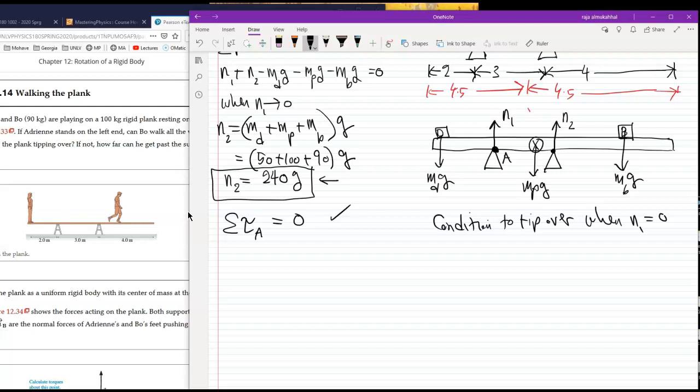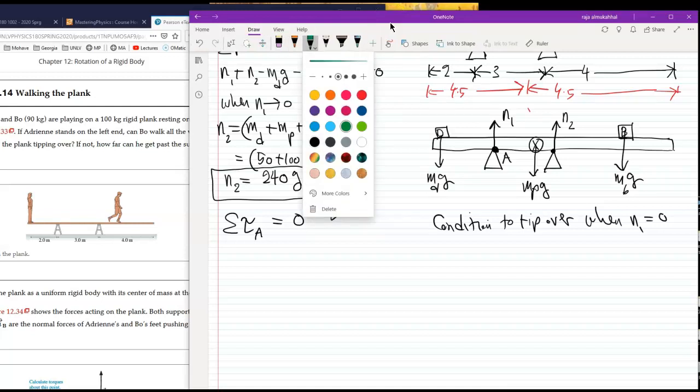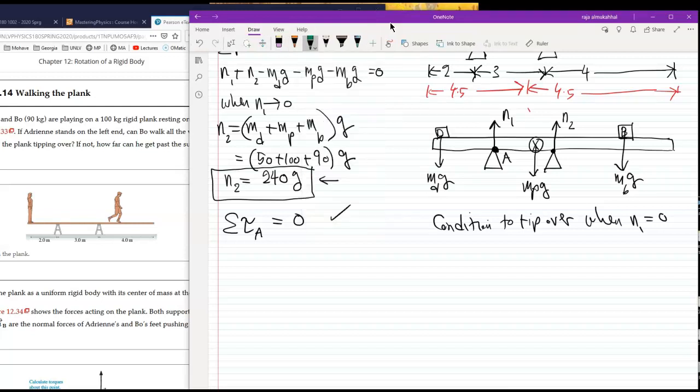Before I do that, let's put in some distances here, so we get everything. I'll pick green, okay? So remember, I'm going to take the torque about A right here. So what's the distance from here to here? This is going to be 2, right? And then from here to here is 3. So this is 2.5. Is that right, guys?